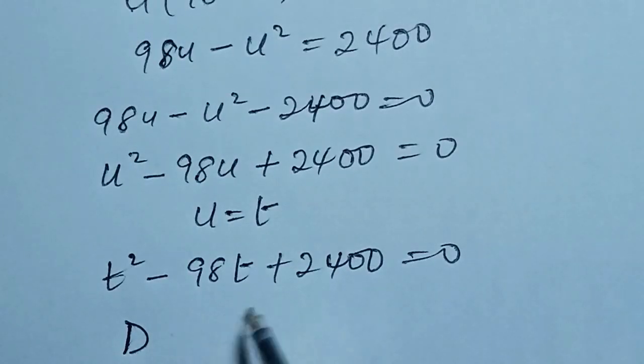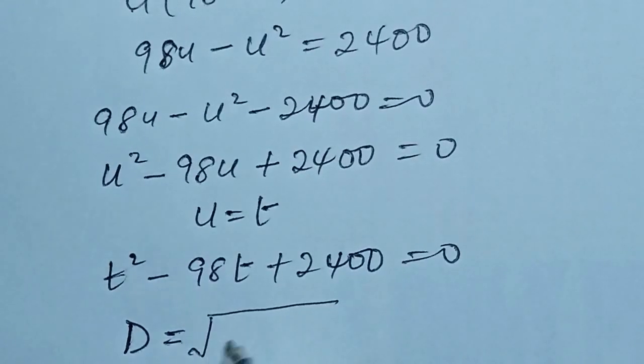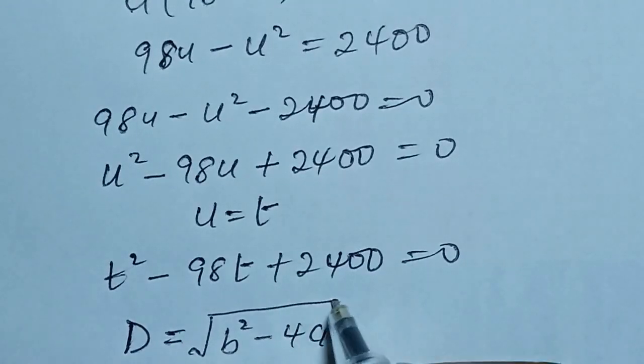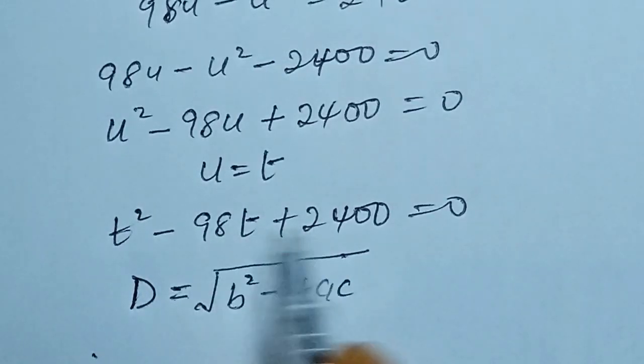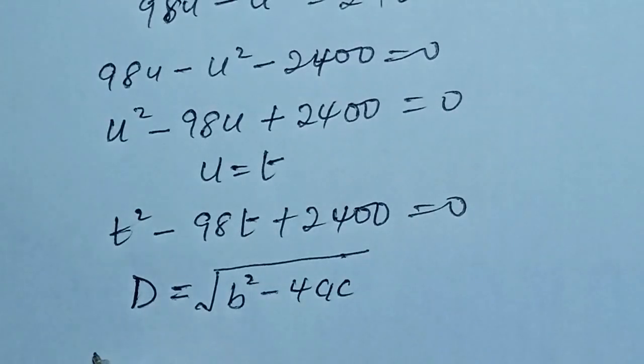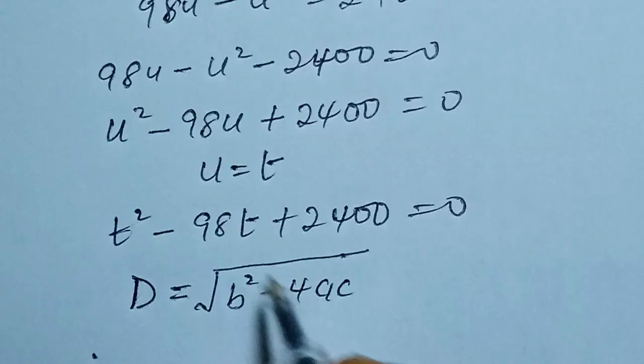First, to get the value of t. So we have discriminant d to be equal to square root of b squared minus 4ac. From this quadratic equation, we can derive our a, b, c of the discriminant.